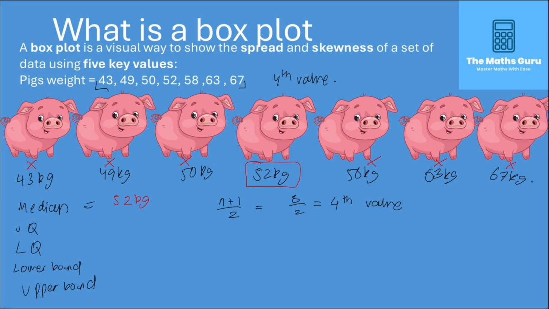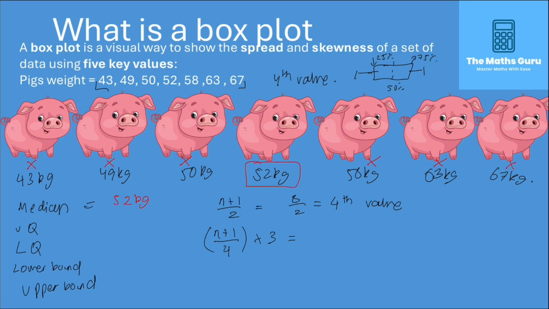Now, looking at upper quartile, we use the formula n plus 1 divided by 4 times by 3, because upper quartile, if you think about it, is 75%. So, in a box plot, if I was to draw a general one here, we have our 25% point, our 50% point, and our 75% point.